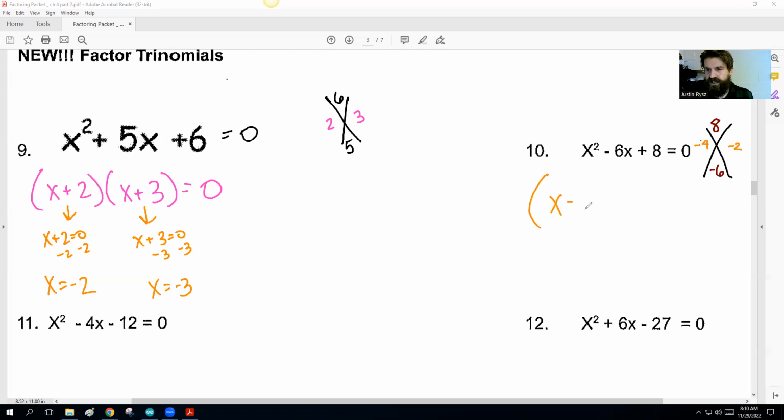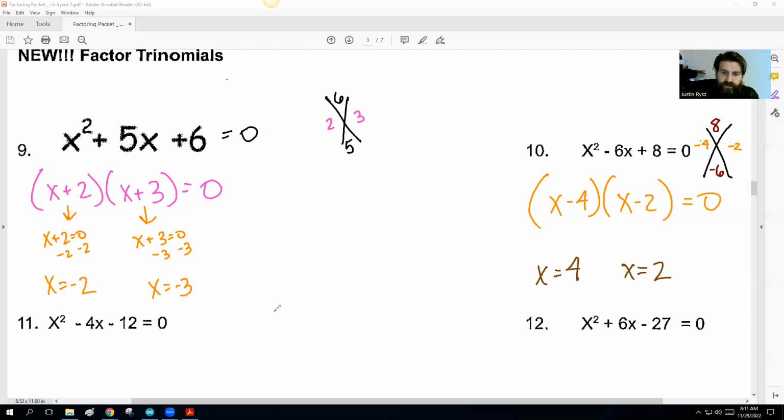So when we factor, it's x minus 4 and x minus 2. But you guys can see, whatever we have in the parentheses, we have the opposite solution. So if we have an x minus 4, our answer is going to be x equals positive 4. We have an x minus 2, our solution is going to be x equals positive 2.